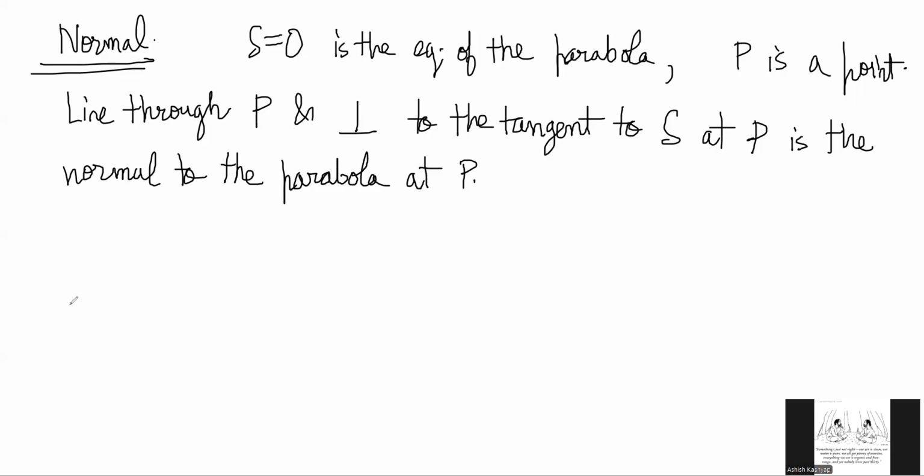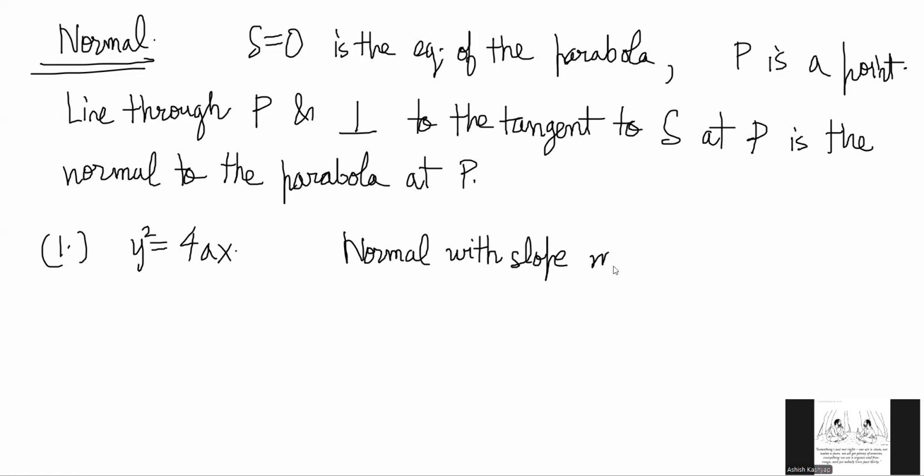So how do we find the normal equation? There are multiple ways to do that. So if you have y square is equal to 4ax as my parabola equation, and I want the normal with slope m. What is the equation of the normal with slope m to this parabola, right?